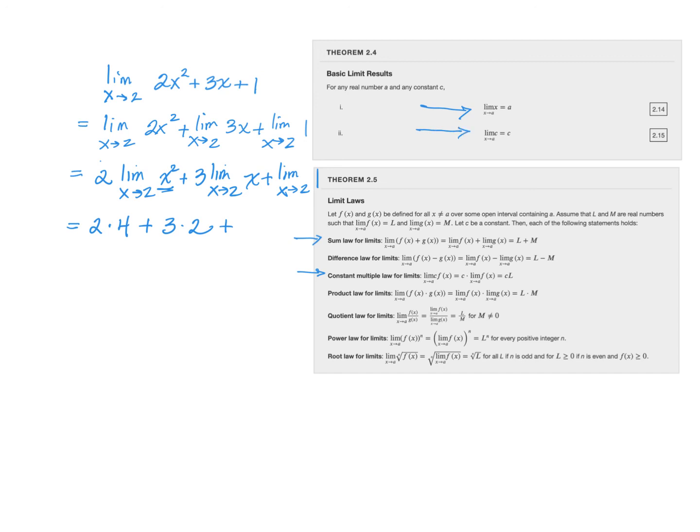We know that the limit as x approaches 2 of a constant function is just the constant itself. So we do our multiplication, we get 8 plus 6 plus 1, and our answer is 15. Hopefully this simple example shows you how you can use the limit laws to dismantle a function and find the limit of it.